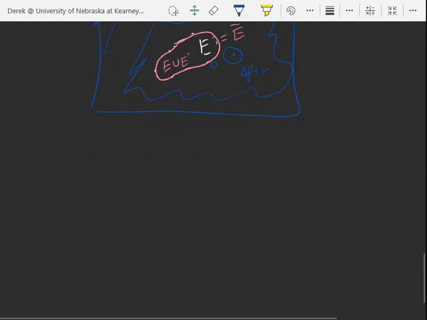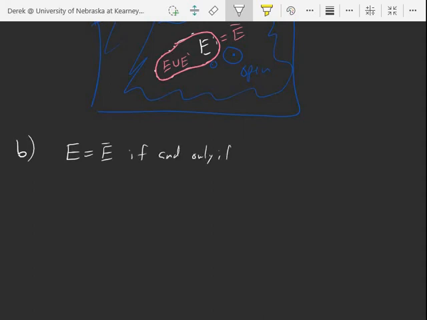Okay. Let's prove the second part now. B. We want to show that E equals E bar if and only if E is closed. So let's go this way first.